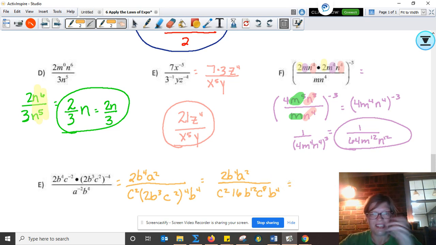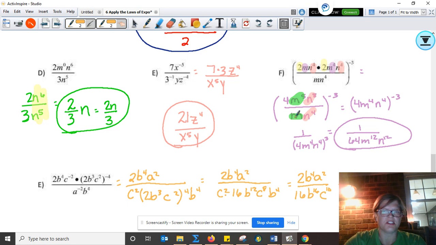All right, I'm going to get all my like terms together now. So it's going to be 2 b to the 4th a squared over 16 c. Let's go in alphabetical order. B to the 12th, b to the 4th. So that's going to be b to the 16th, c to the 10th.